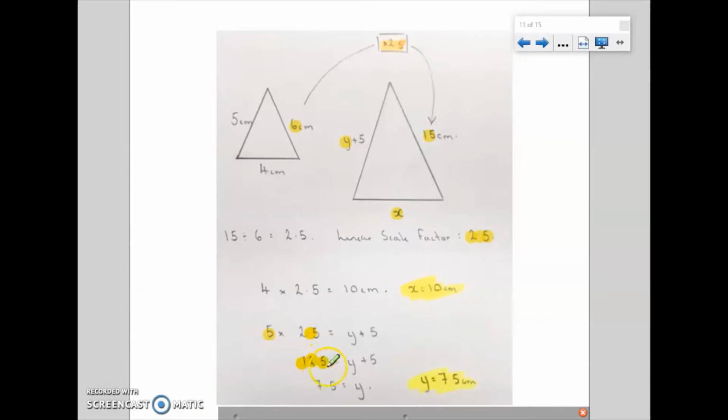But 12.5 is the whole length, y plus 5. So you can see I've created a little equation here just to show that I've subtracted 5 from this side and subtracted 5 from this side at the same time. So the length of y by itself would be 7.5 centimeters. Very well done if you were able to answer that question.